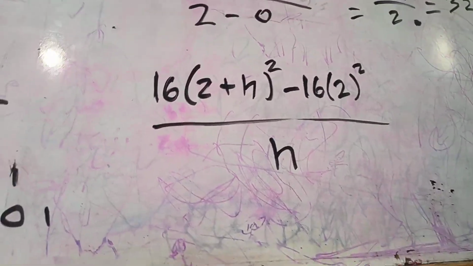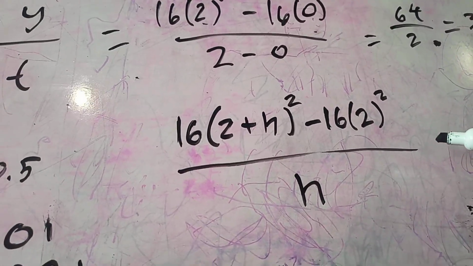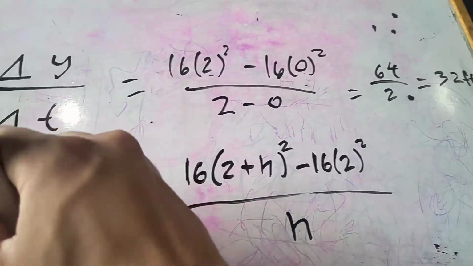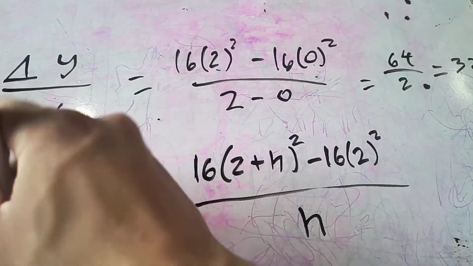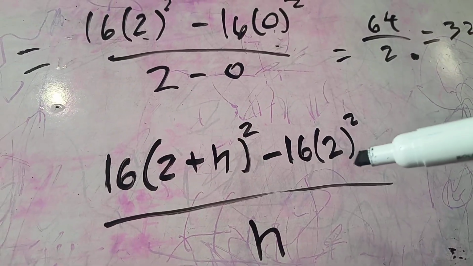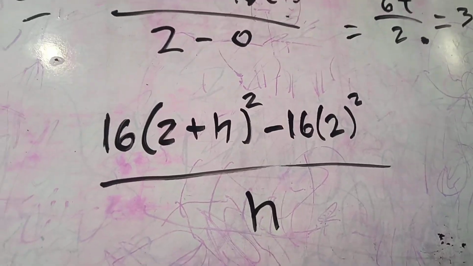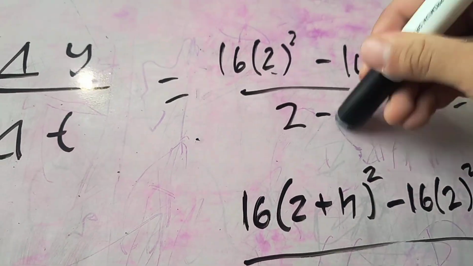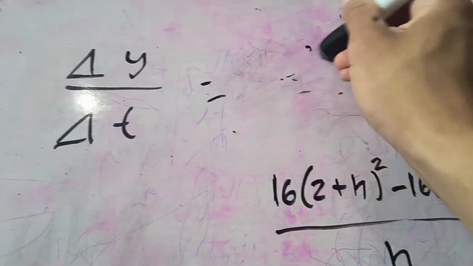Now, if we were to simplify this, we could say 4 squared is 16, times 4 is 64. So I'm going to write this up here. I'm going to erase all this.